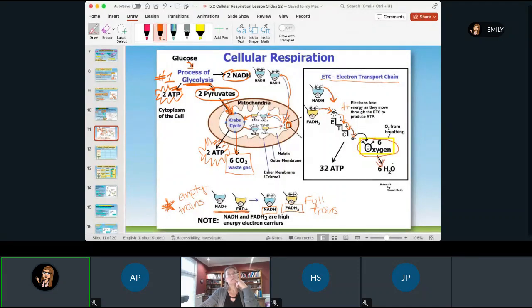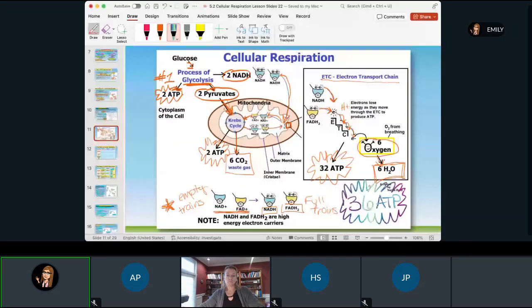And this is where we get our water molecules and the big 32 ATP. Okay. And again, how many ATP do I get total from the cellular respiration? Good. 36. Okay. 36 ATP. Really important.